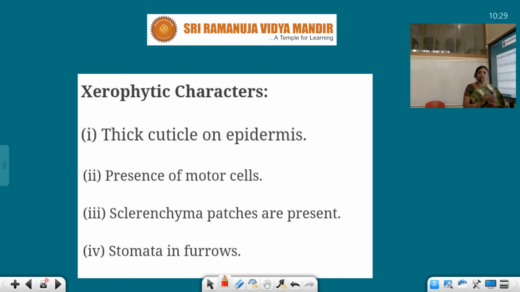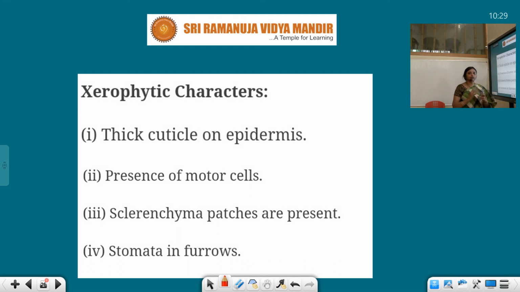Palisade tissues are column-like structures, closely packed without intercellular spaces, and present below the upper epidermis, whereas spongy tissues are loosely arranged cells. They are also made up of parenchyma, but the cells are loosely arranged with large intercellular spaces and fewer chloroplasts.